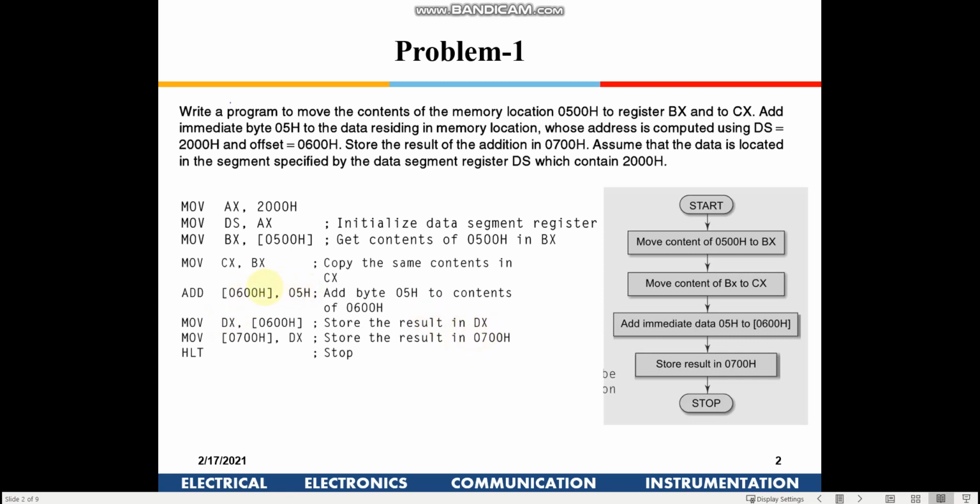We don't have a direct memory to memory transfer operation. So we need to bring it into one of the common registers, and then from the common register we push it back to the required memory. So it is again done in two steps. From 6000 we get it to DX, from DX to 7000.